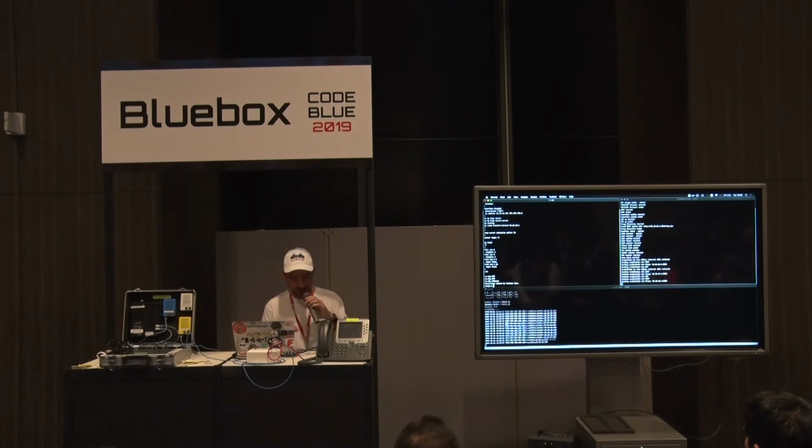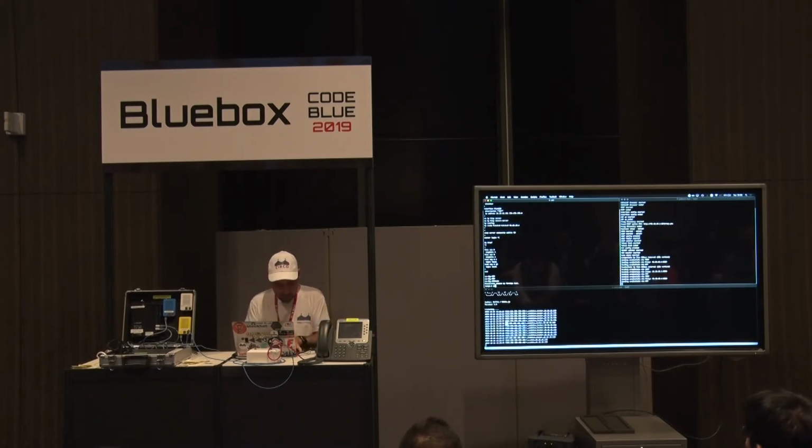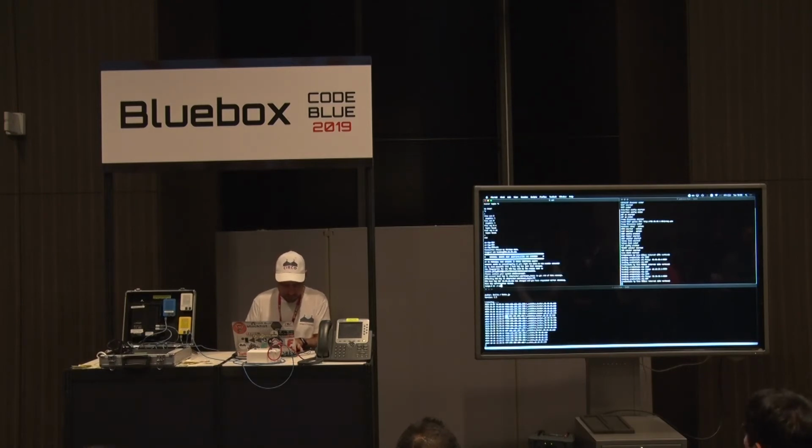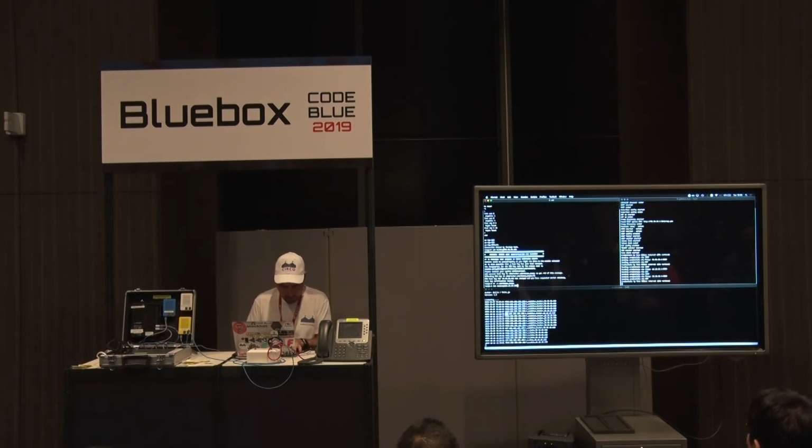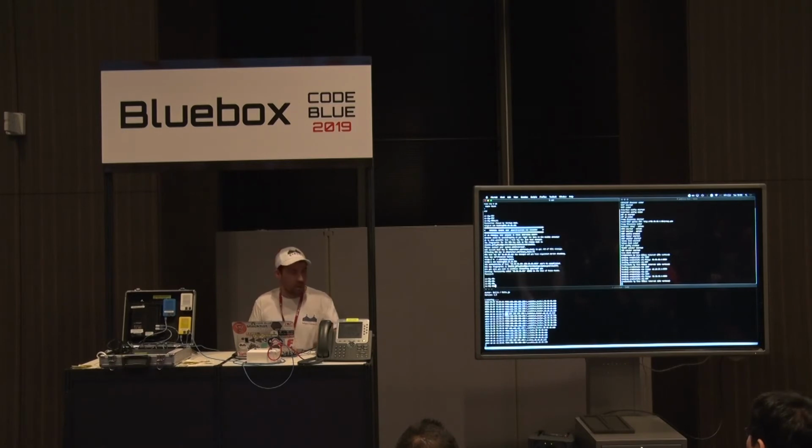What about if I SSH? Via telnet or SSH, exactly the same commands are allowed.